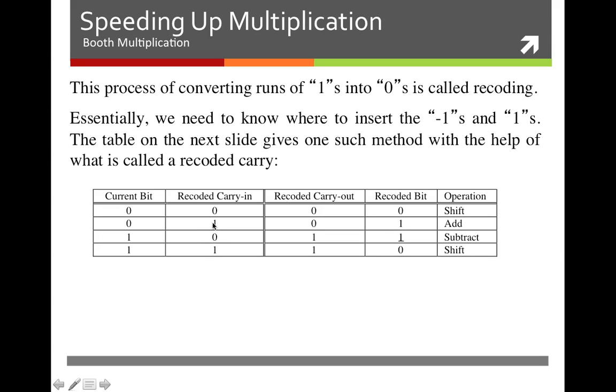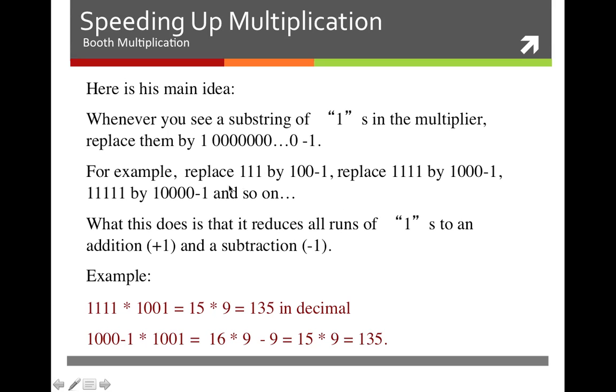And if you have a recoded carry-in, and the current bit you're looking at is 0, that means you've done some recoding, but that has not been terminated. So the recoding, of course, does place a -1. When you first started recoding, let's say that we start out here by putting a -1 in there. Now that we've made that recoding, somewhere down the path, or up the path, we're going to have to find a place where this 1 can be placed in.